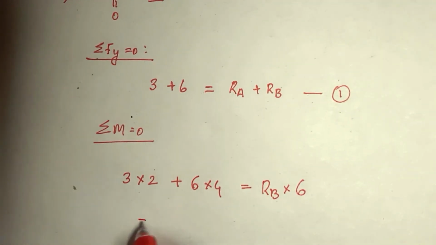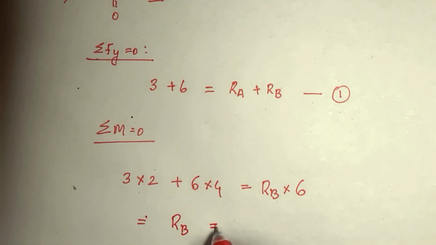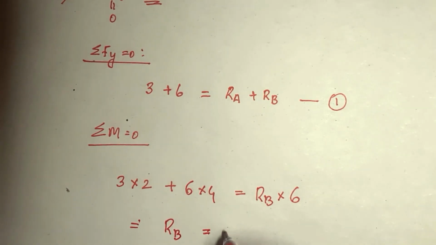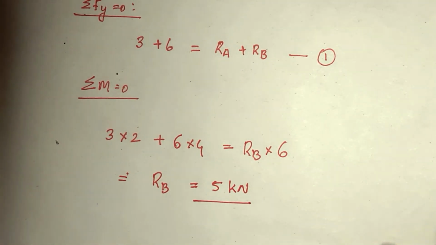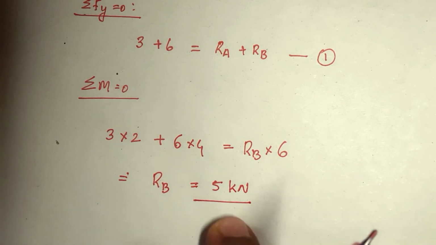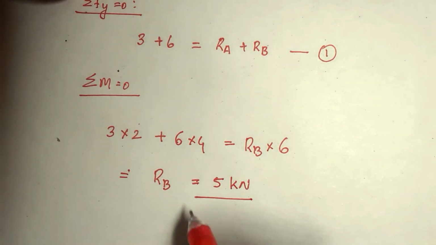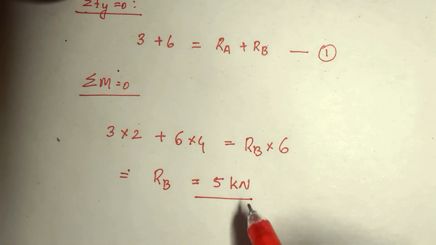This implies, from this we can get RB equal to how much? 5 kilonewton. You people just try it, you will get it. Okay, RB equal to 5 kilonewton. So that is the first answer. Now we have got this.